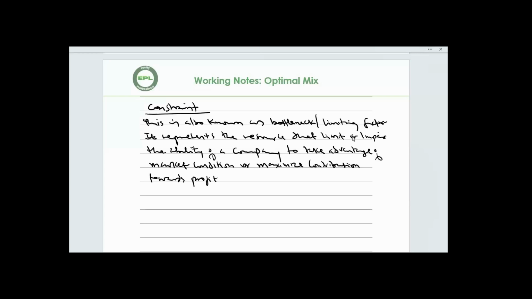So anything that limits the ability of a company to take advantage of market condition is what is known as a constraint or limiting factor or bottleneck.